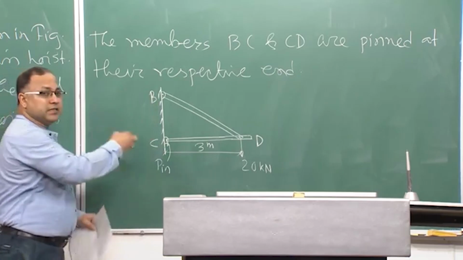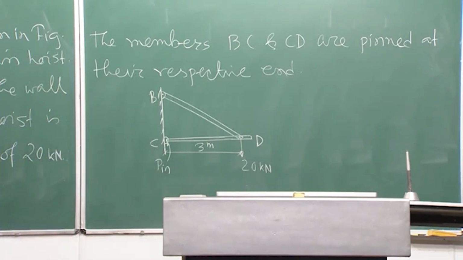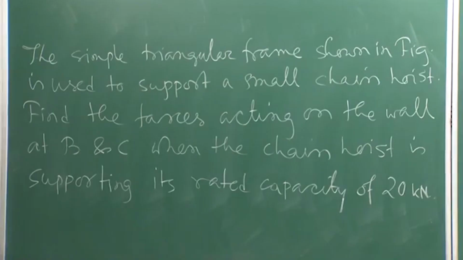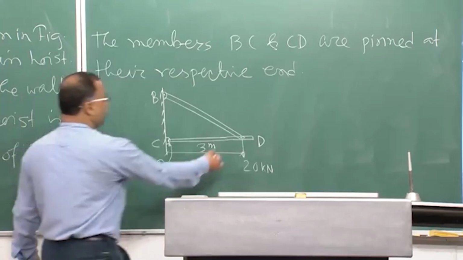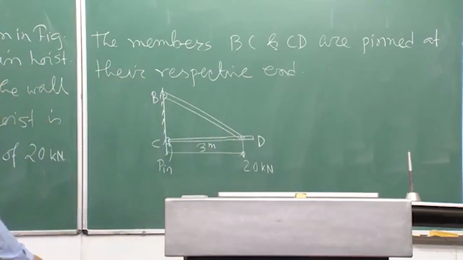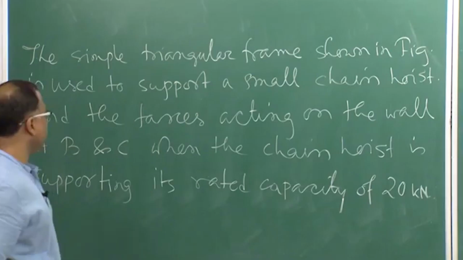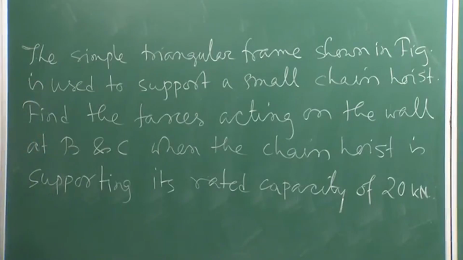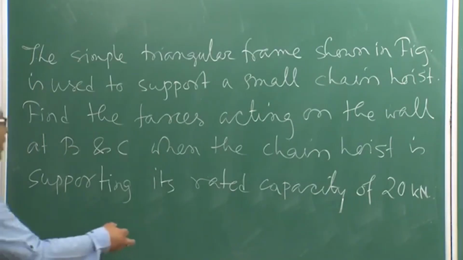Okay. So, this is the problem. The simple triangular frame as shown in the figure is used to support a small chain hoist. Find the forces acting on the wall. So, the wall is here.